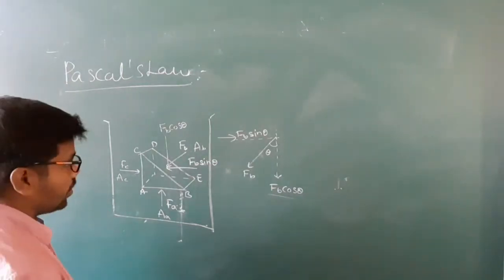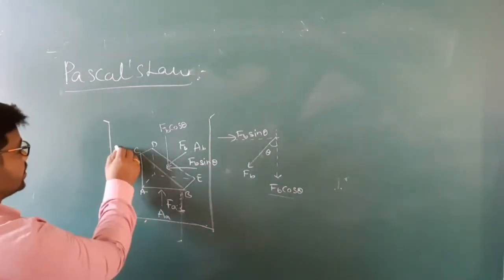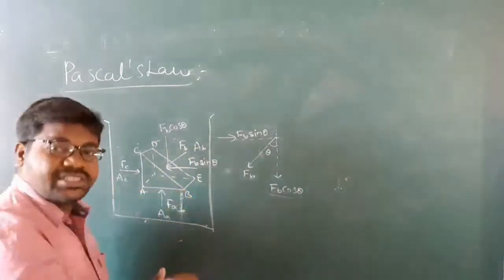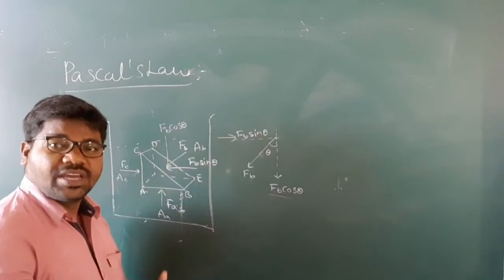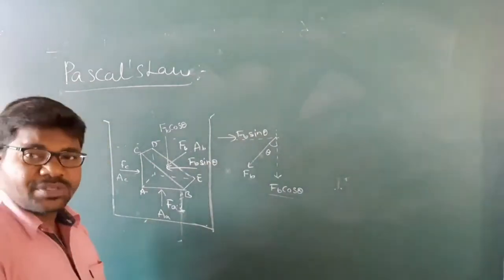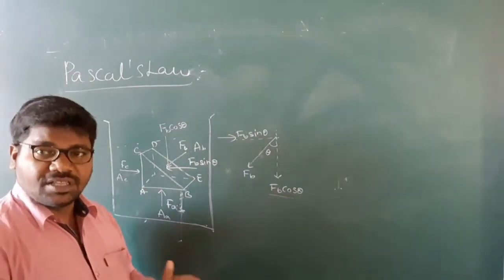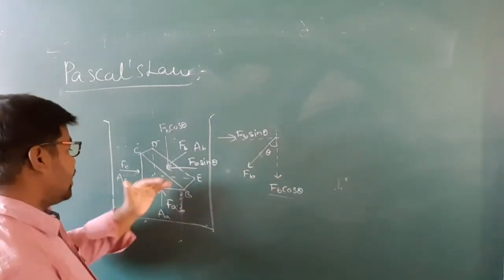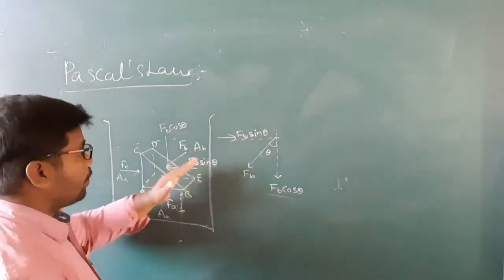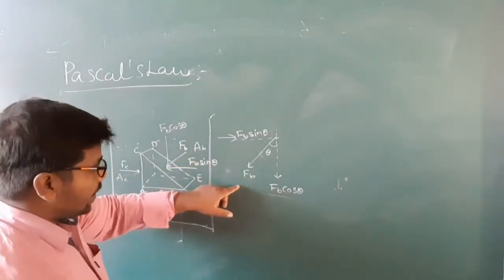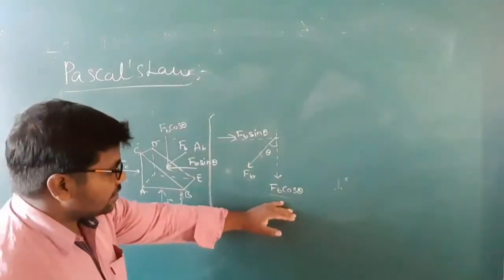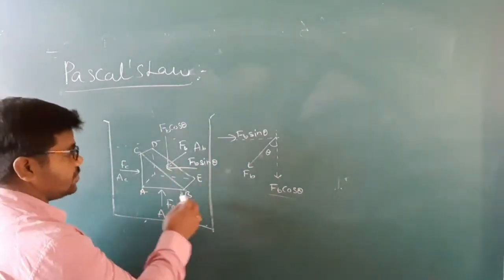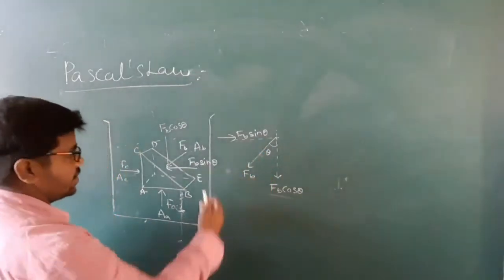If the system is in equilibrium, the entire body is immersed in water or liquid. Three different forces act because there are three surfaces. This is x, this is y, this is x. By resolving FB, we get FB cos theta downward and FB sin theta horizontal.